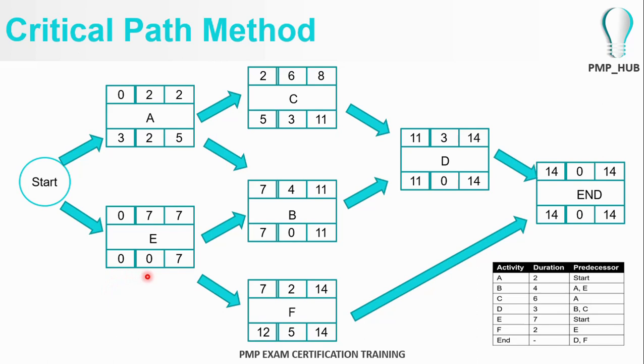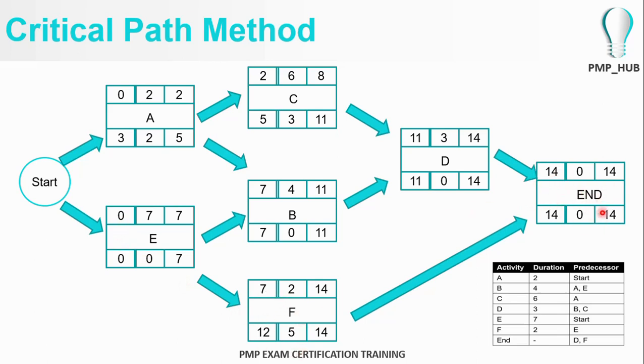So as explained earlier, the float is the difference between the earliest start time and the latest start time, or the earliest finish time and the latest finish time. So the float will be 2, float will be 3, here the float is 0, the float is 0, the float is 0, the float is 5, and here is the dummy.